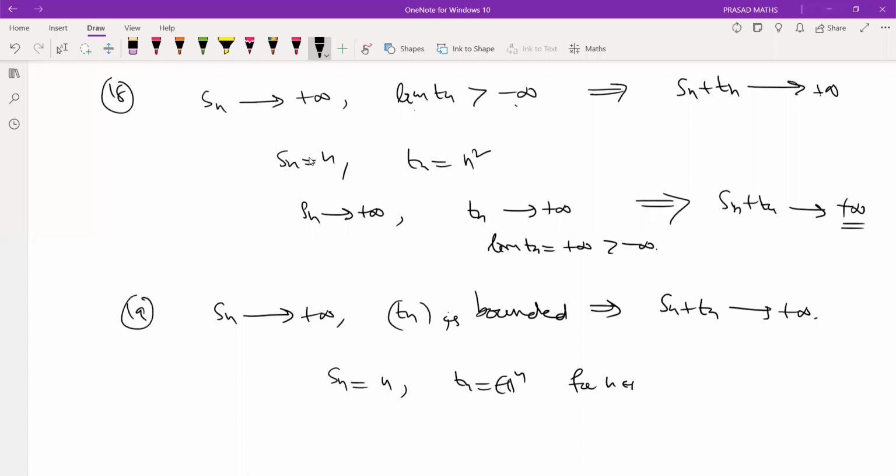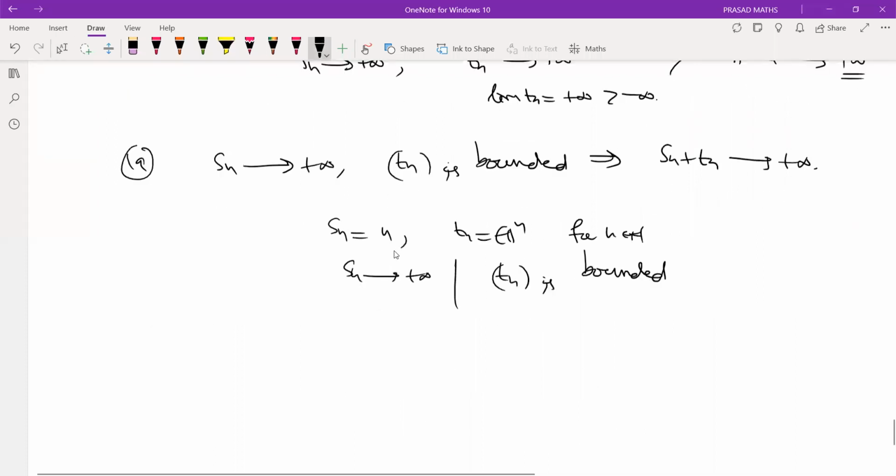Then Sn diverges to plus infinity clearly, and Tn is a bounded sequence. So the result says that Sn plus Tn diverges to plus infinity.